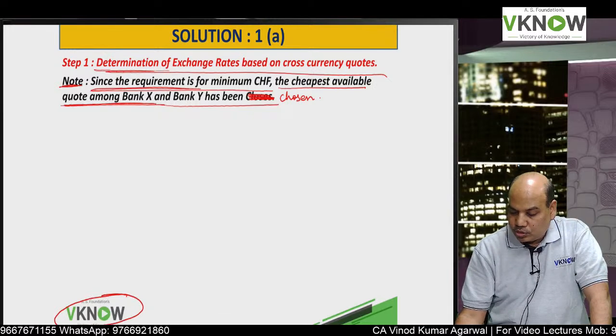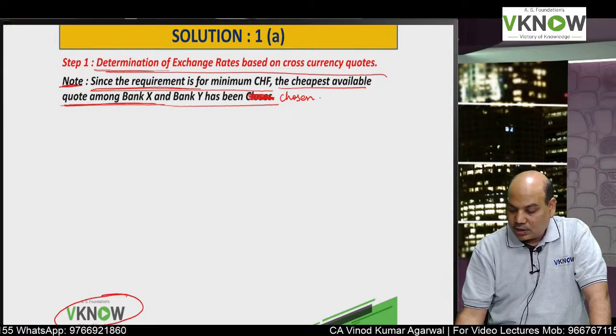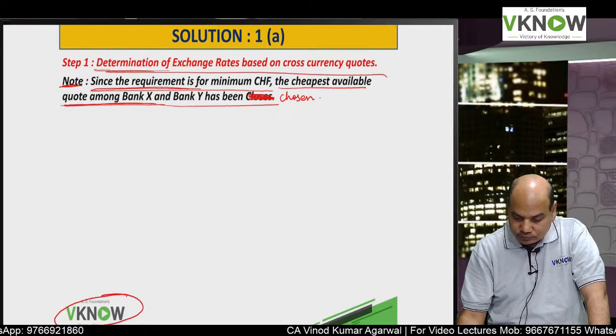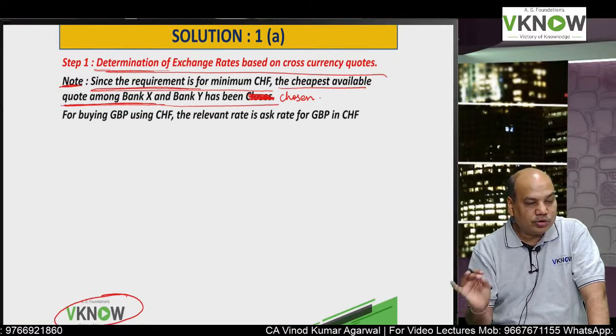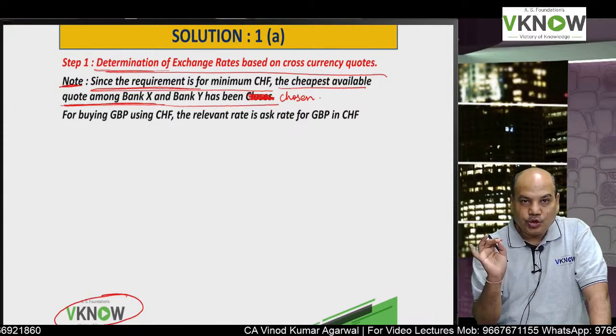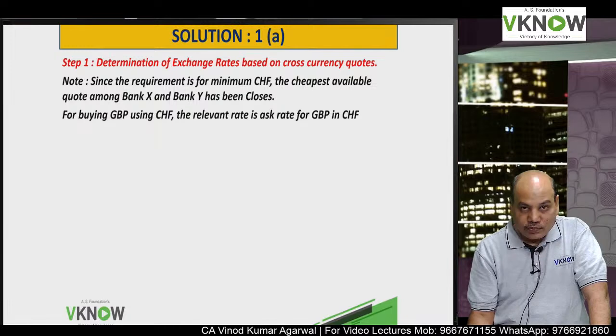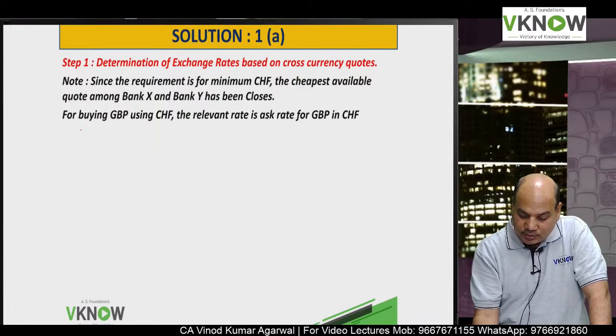Now let us look at the rates carefully, and then I am going to ask you a question and you will participate. If you are a good student of SFM, you will participate in answering.